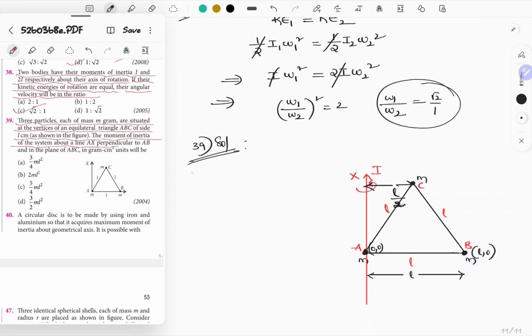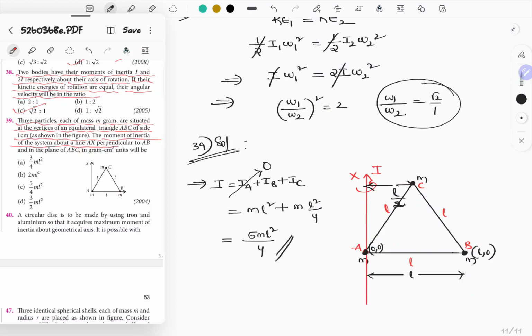Then moment of inertia is equal to the moment of inertia of the particles at position A, position B and position C. The moment of inertia of the particle at position A is going to be 0 because it is on the origin itself. Next, the moment of inertia of particle B is m L square, plus m L square by 4. So the final answer is going to be 5 m L square by 4.